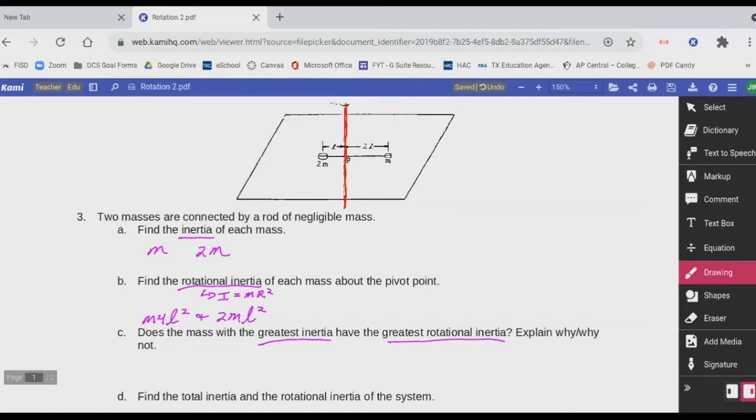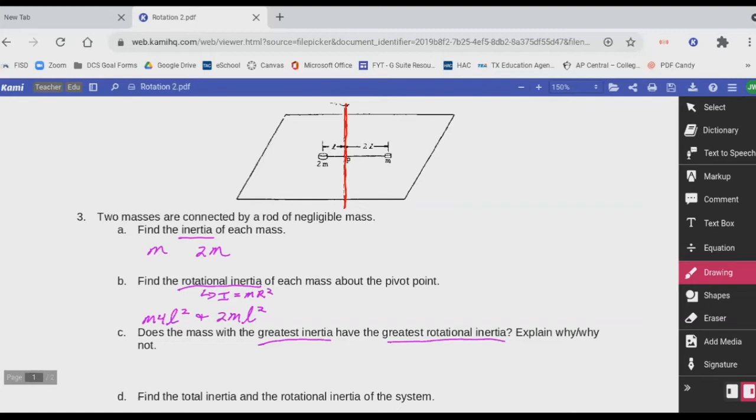The smaller mass, the one that is just m, has a rotational inertia we calculated as 4ml squared, where the 2m, twice as big, has a rotational inertia of 2ml squared. So the distance does play a bigger role. It is squared.